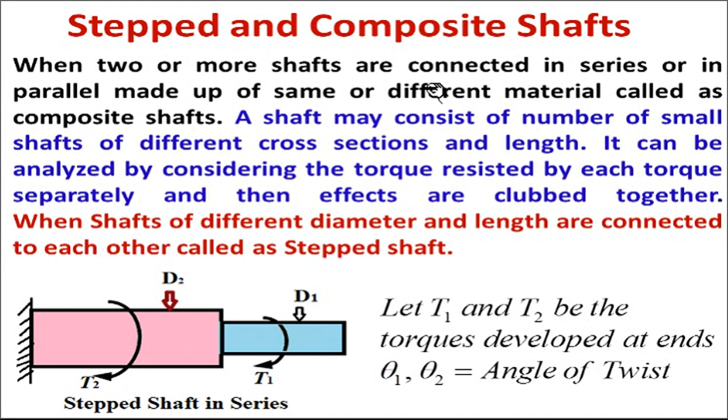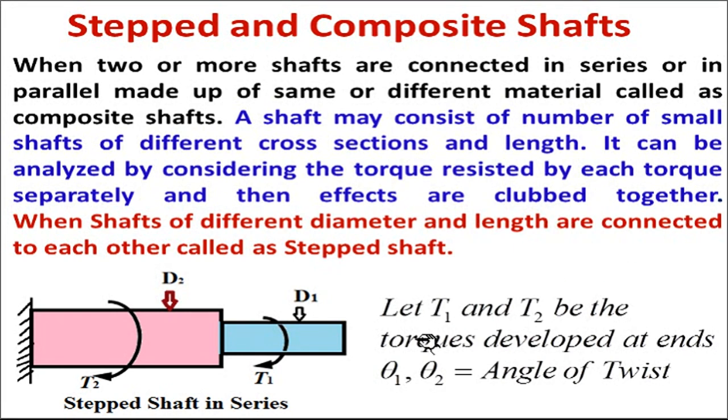Now when two or more shafts are connected in series or in parallel, made up of the same or different material, it is called a composite shaft. The shaft may consist of a number of small shafts of different cross sections and lengths. It can be analyzed by considering the torque resisted by each shaft separately, and then the effects are clubbed together.